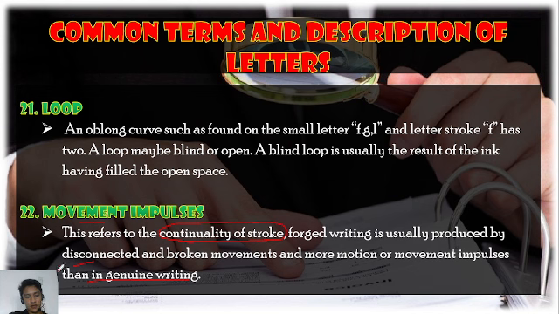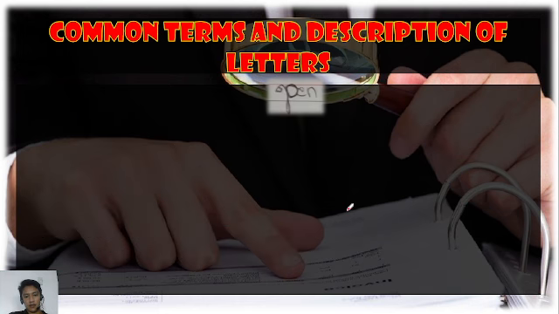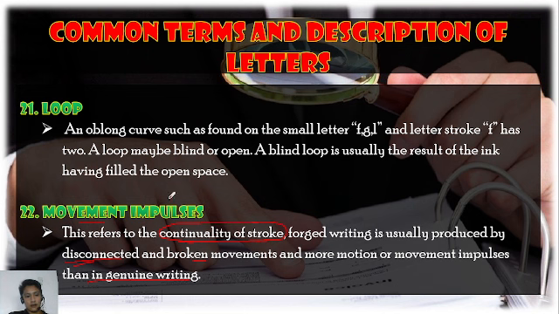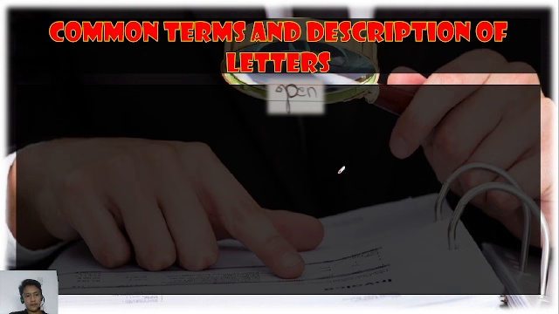We are going to see if the handwriting is disconnected, okay, or broken, or if the handwriting is showing a genuine handwriting by looking at it is continuous, okay, hindi pa hinto-hinto. Alright, so that is movement of impulses. We are referring to the continuity of the stroke. Tuloy-tuloy yung connected, okay, connected yung strokes, kumbaga, or tuloy-tuloy yung sulat.